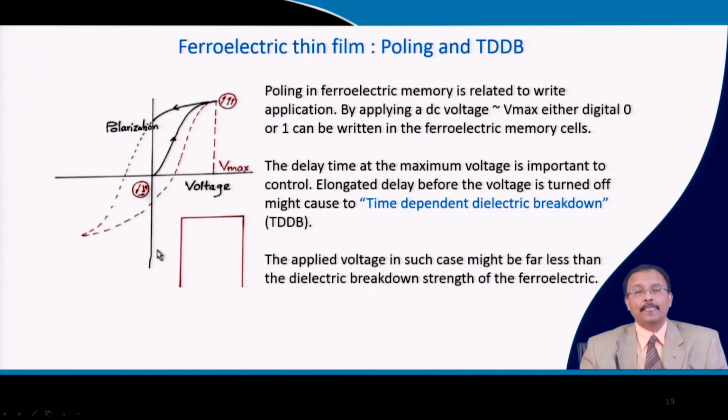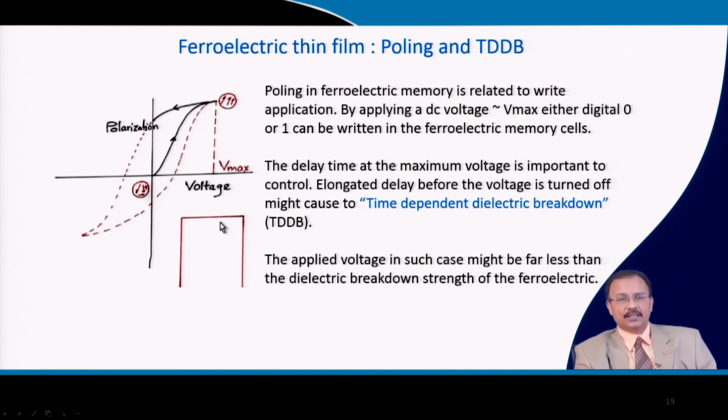So, that is poling. Now, if you increase this duration while you hold the maximum voltage, then even if this voltage is very low as compared to the dielectric breakdown strength of this material, the material can fail. That kind of failure is known as time dependent dielectric breakdown. So, you apply one particular voltage for an elongated period of time, and the material fails.